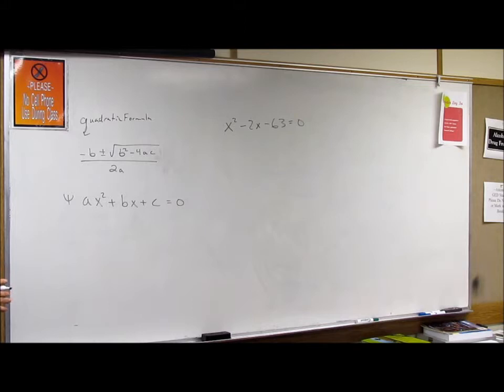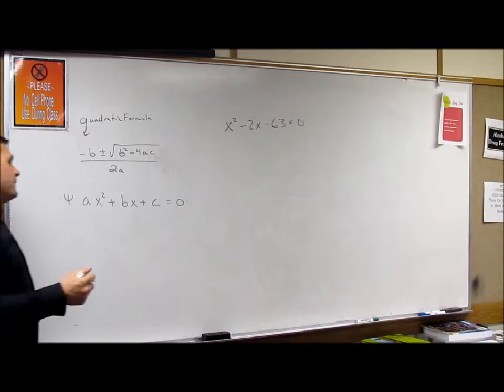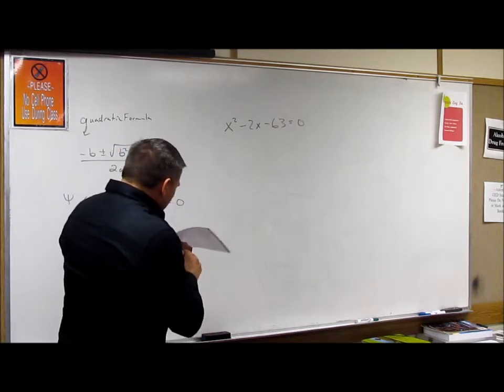So, we have a being your first coefficient, b being your second coefficient, and c being your third coefficient to any quadratic. Okay? So, what does that mean?